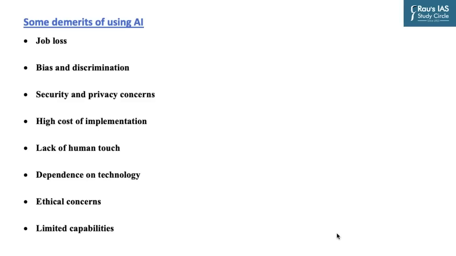The first demerit that is highlighted the world over is that the use of AI will cause significant job loss, as automation and the use of artificial intelligence will cause job loss for workers, particularly in the industries where the work can easily be automated. Further, the second demerit highlighted here is that AI can perpetuate bias and discrimination.